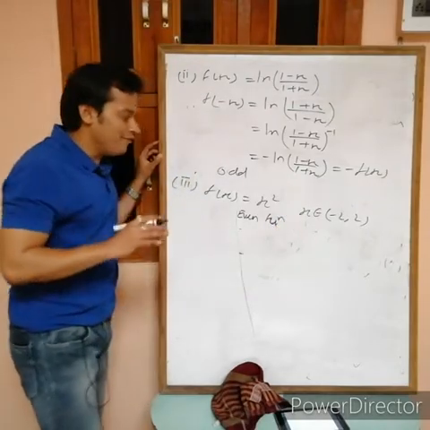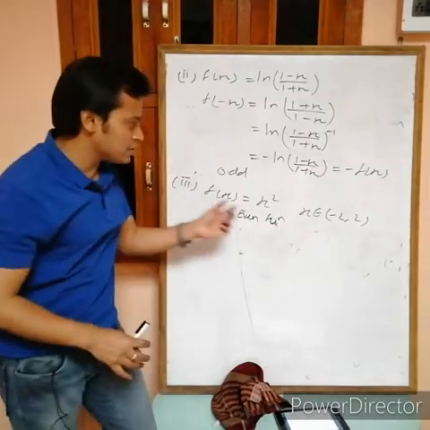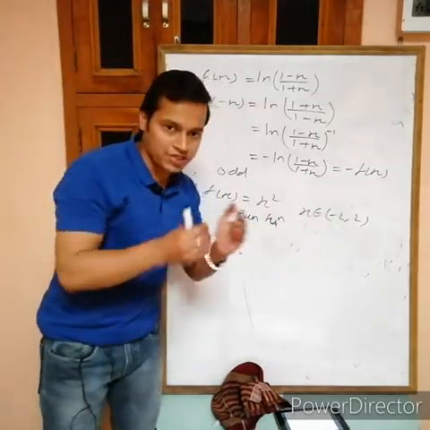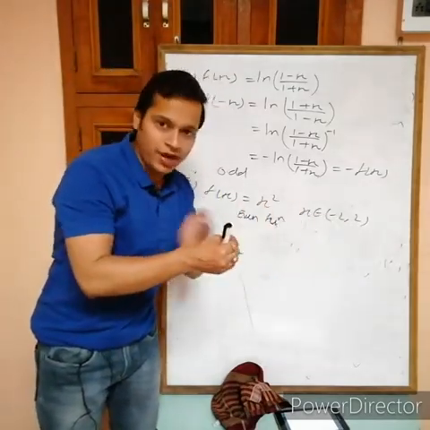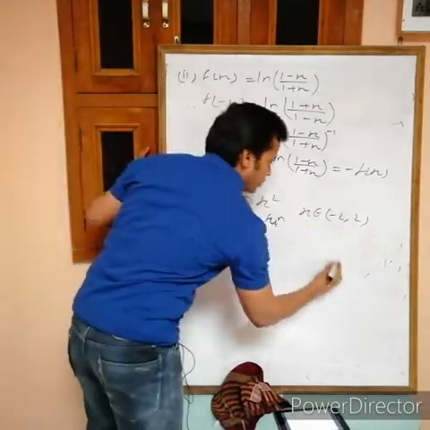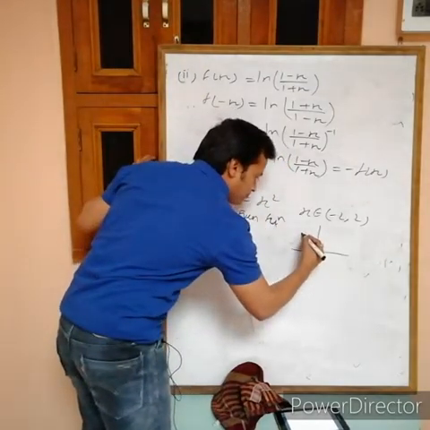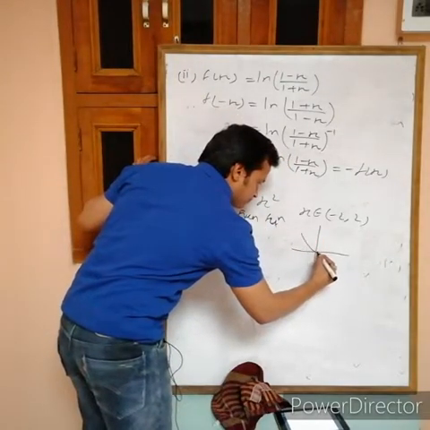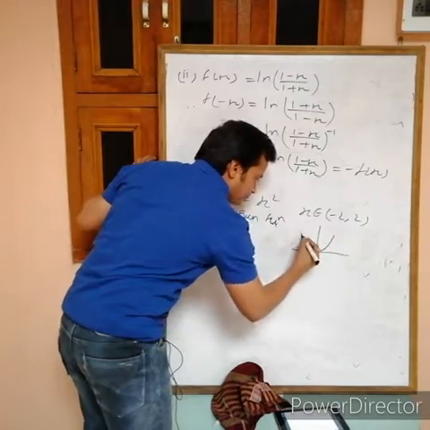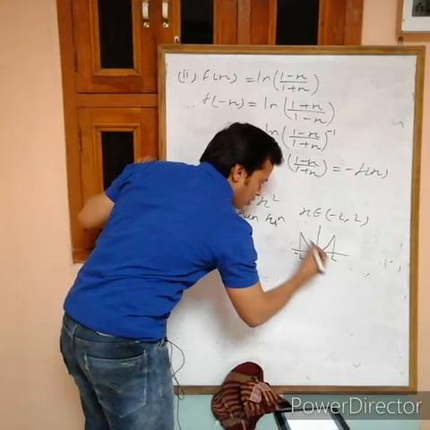Okay, actually why am I taking this one? Because of one reason. This time in the domain we have the same value of x for positive and negative. So this one is an even function. If you draw the graph of this one, then what will you get? Like this one. f(x) equals x square for minus 2 to plus 2.